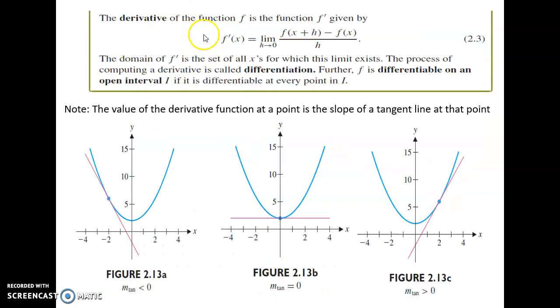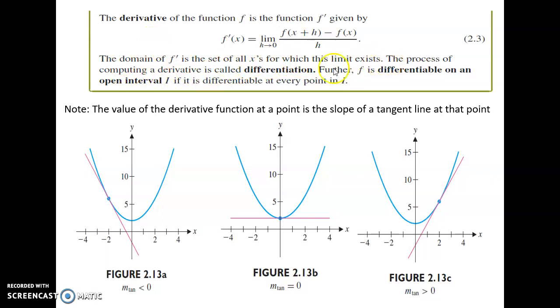The derivative of a function is denoted by f prime x. Here I am defining the derivative for all values of x, so I'm just replacing a by x. This is the derivative of a function at all values of x.